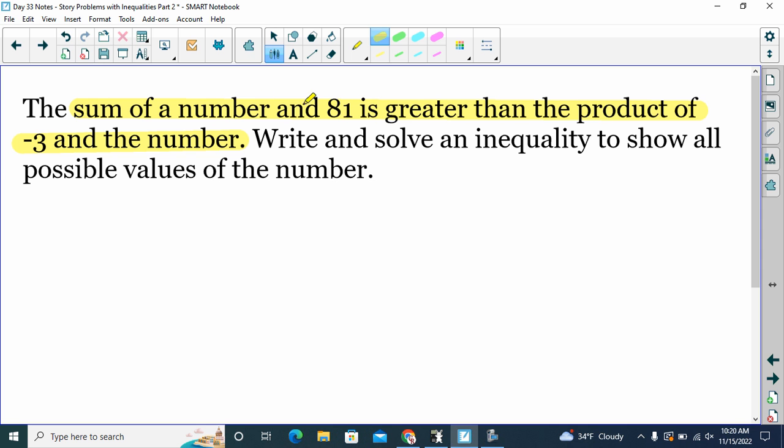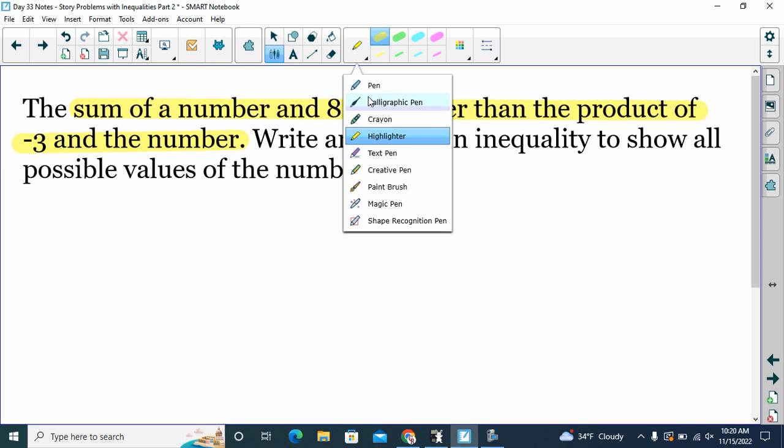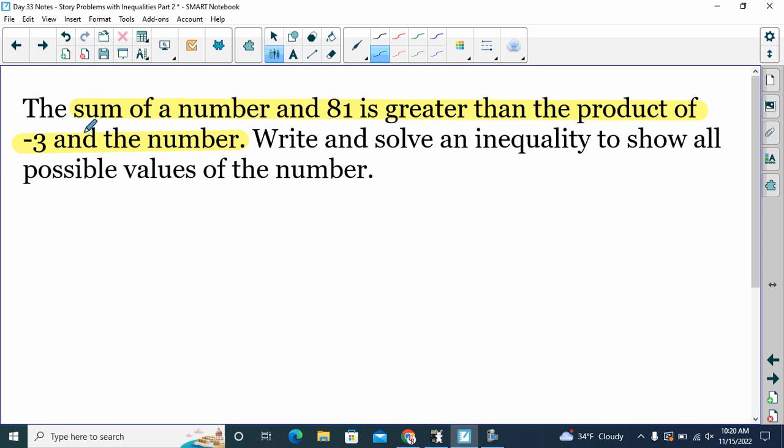Thinking back way to Unit 1, what we covered way back in August, the word sum means we're adding. So we're adding a number and 81. We don't know what that number is, so let's call it a variable. We typically use x, I'm going to use n this time.